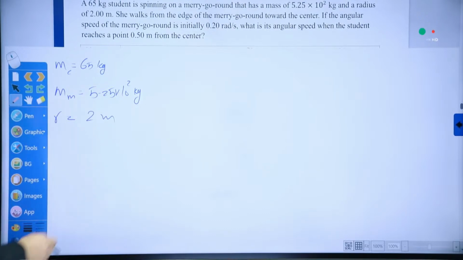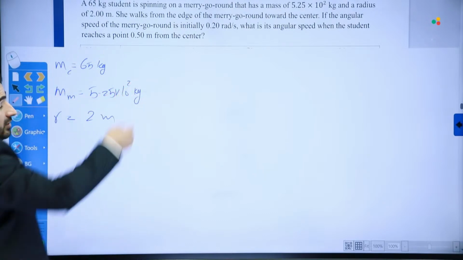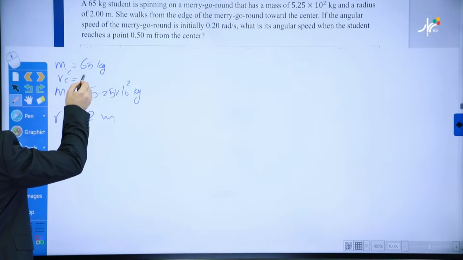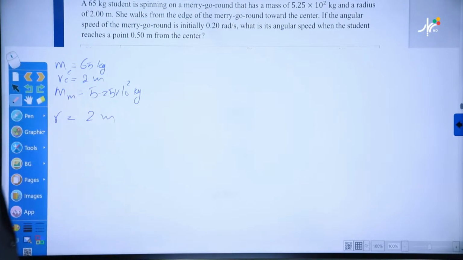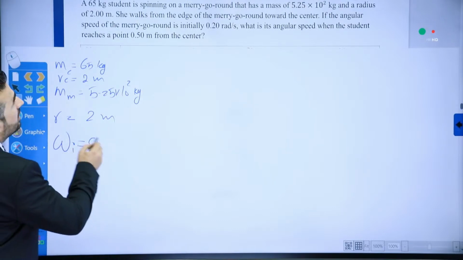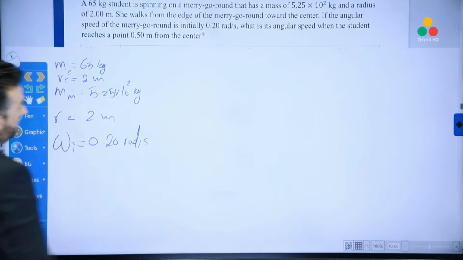And by the way, for the radius of the child, or how far the child is, it says she starts walking from the edge, yeah? That means the radius for the child will also be 2 meters. Don't forget this. Okay, and then what else do we have? We have the initial angular speed of the merry-go-round, which is 0.20 radian per second.